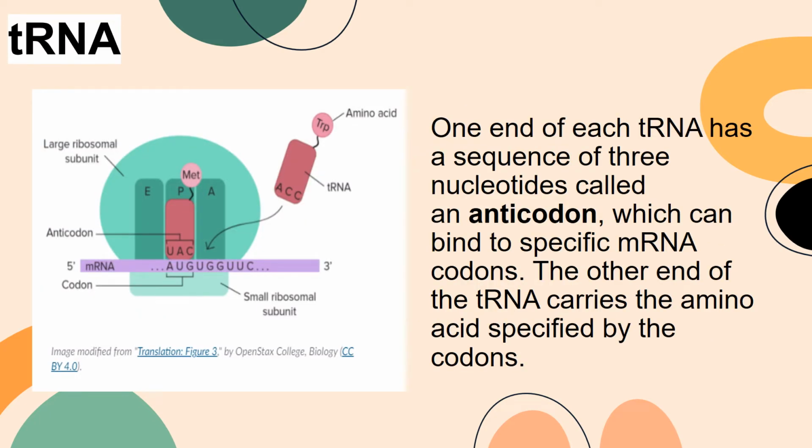One end of each tRNA has a sequence of three nucleotides called an anticodon, which can bind to specific mRNA codons. Then the other end of the tRNA carries the amino acid specified by the codon.